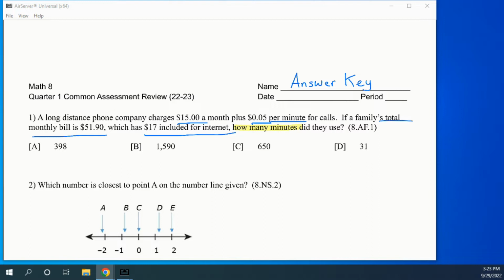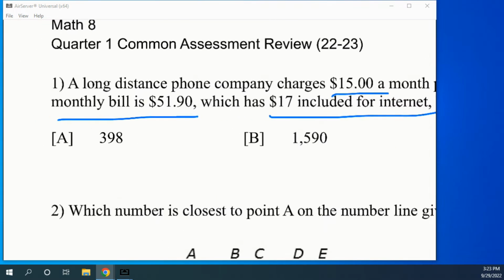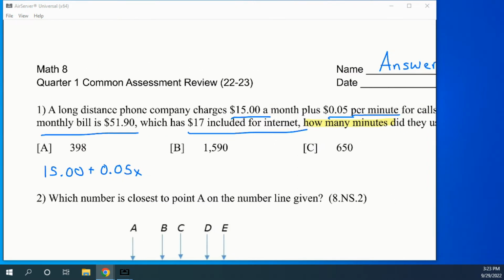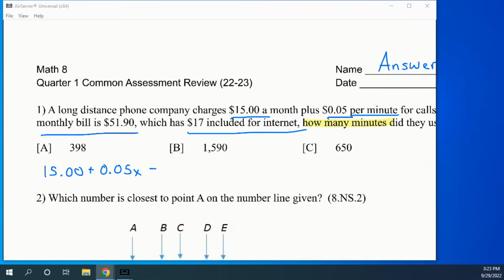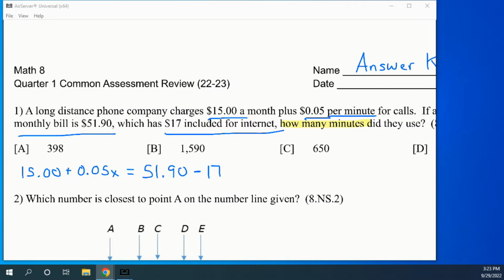So I did see it look like this when setting up the equation: $15 plus the 0.05x, which would be the minutes, set equal to $51.90 minus 17. So you're taking out that 17 from the equation. So that was one way to set it up.